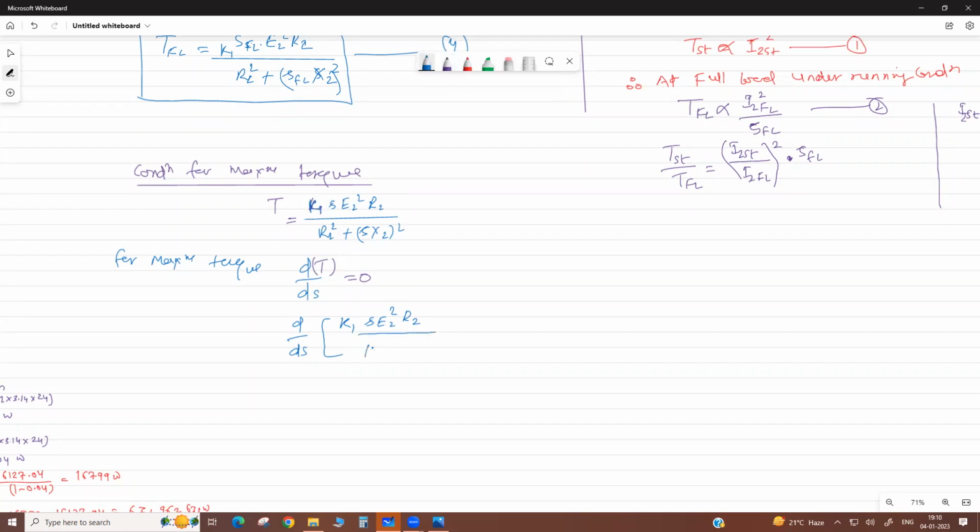R2 by R2 square plus slip times of X2 square.